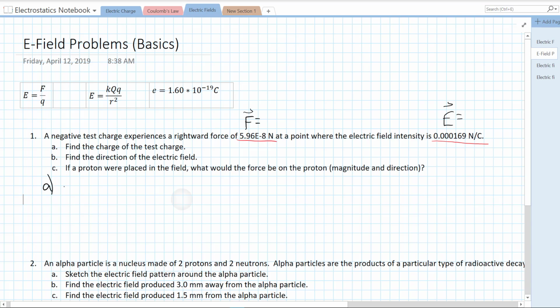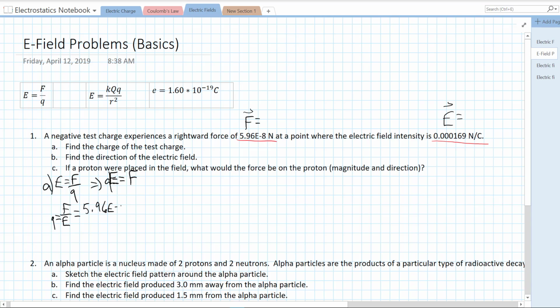And so we use our equation, E equals F over Q. To solve for Q, we multiply both sides by Q. We get Q times E equals F. Divide both sides by E, we get Q equals force over E field.